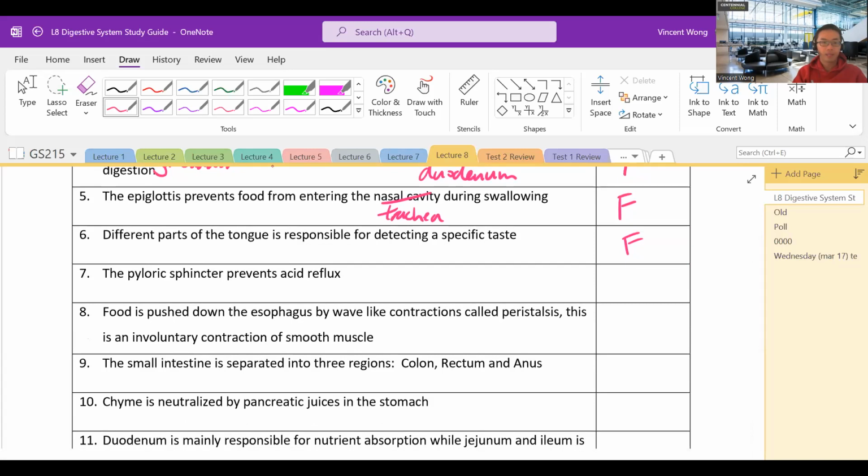Just to review, the tastes are sweet, sour, bitter, salty, and the last one is umami, which gives you a savory taste that you get when you eat things that contain MSG.